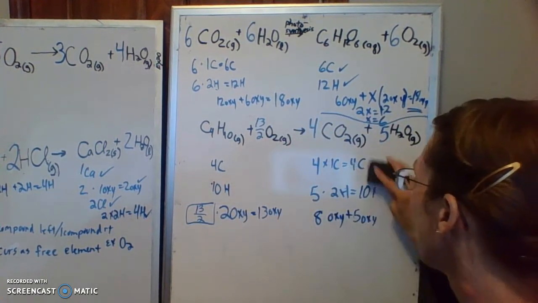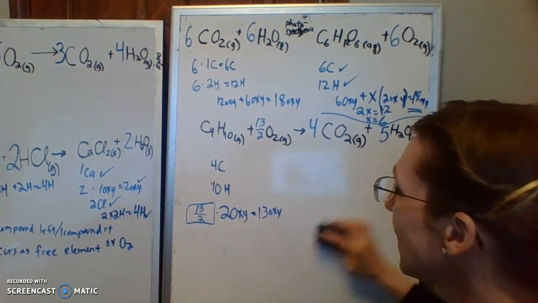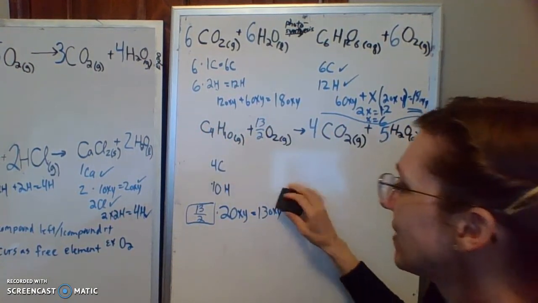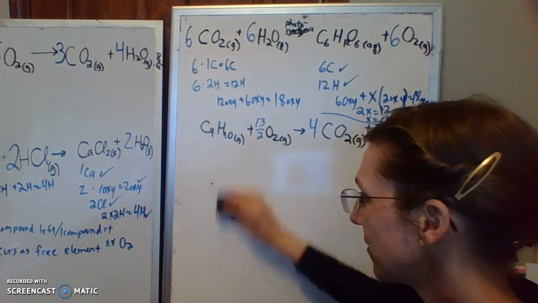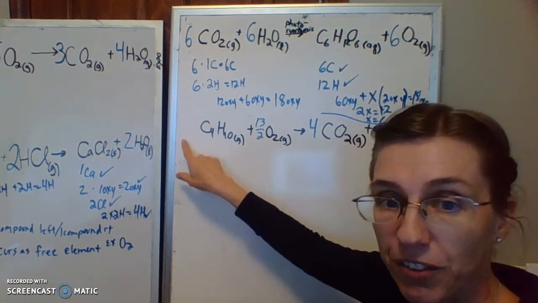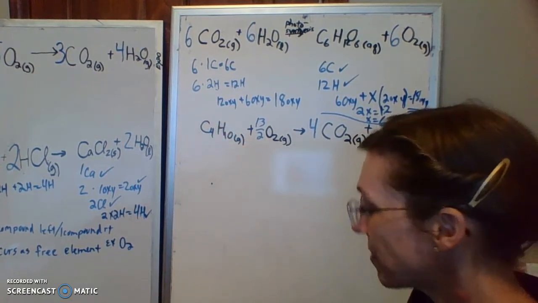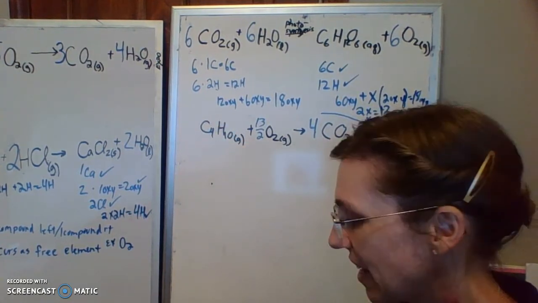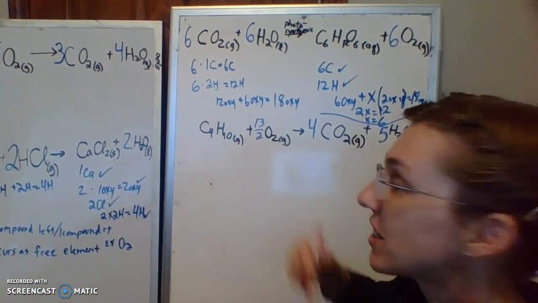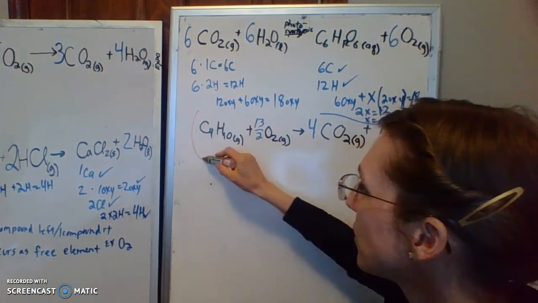So we could go back and put a 2 in front of here and then balance everything again. That would give us likely the right answer. If 2 didn't work in front of there, you could try a 3 and so on. But the easiest way to do this is to just get rid of that fraction. Now we can't just get rid of that fraction just by changing one thing.